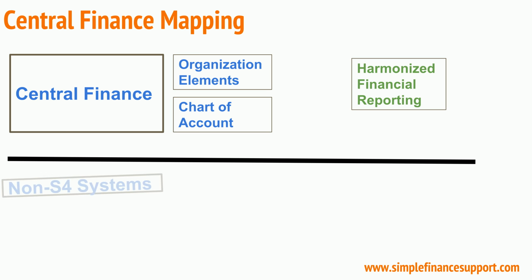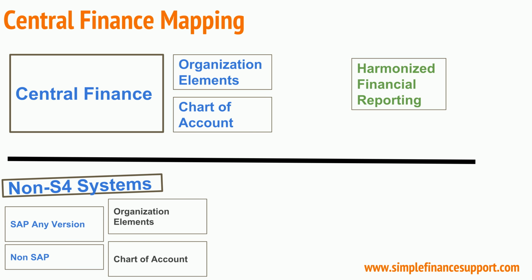Let's look at what really happens when you are going to map to the non-SAP and SAP systems. Non-S4 systems I'm referring to here because central finance is basically an S4 system, which is HANA based, state of the art, a Fiori apps based kind of system. Non-S4 systems may have SAP in any version like ECC or previous versions, and non-SAP systems, right?